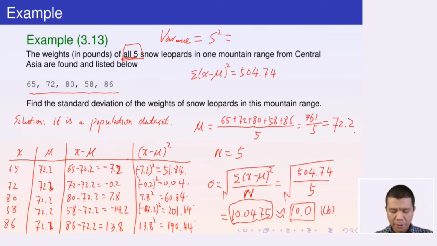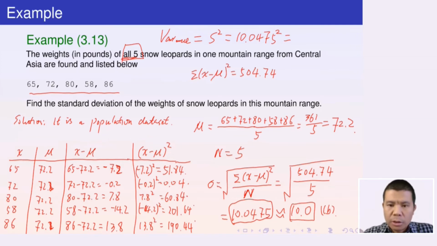Now let's do that. I'm going to use 10.0475 squared. I'm not using 10.0, even though they may give the same answer, but at this point I prefer using the more accurate one.